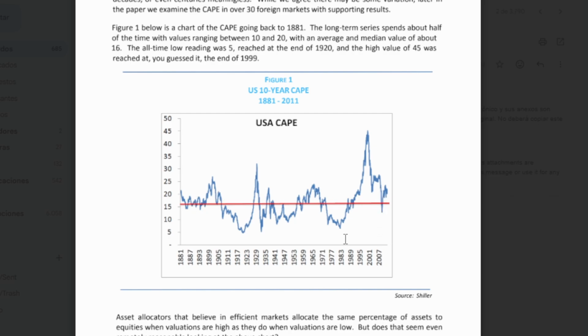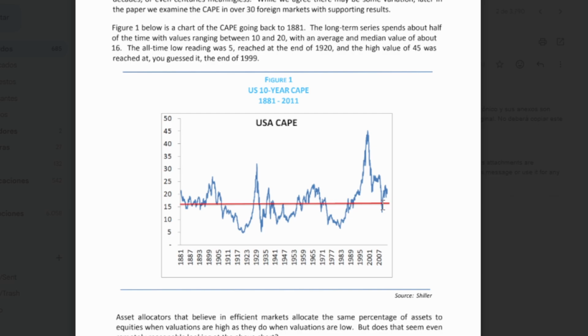When this paper was written, in 2007, it was around the 16s. Now it should be around 17, 18, probably between 15 and 20.